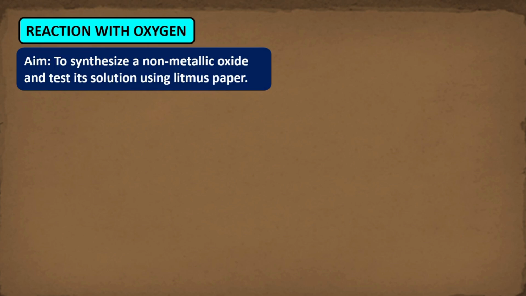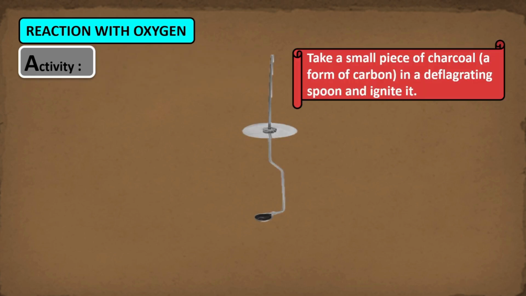Aim: to synthesize a non-metallic oxide and test its solution using litmus paper. Activity: take a small piece of charcoal, a form of carbon, in a deflagrating spoon and ignite it.